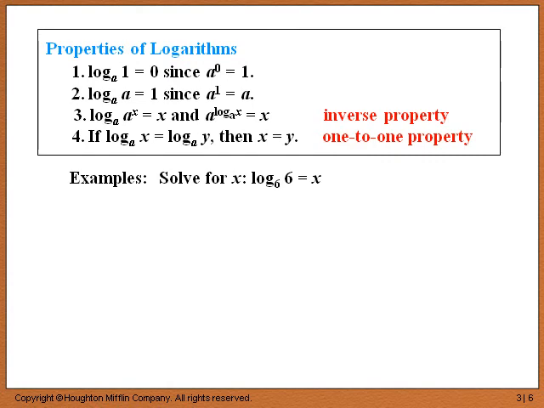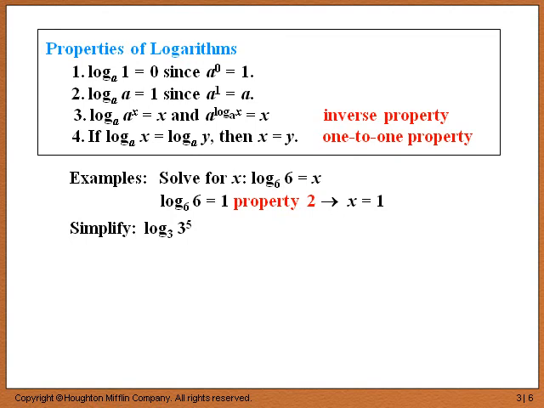So here are some examples to put these properties into action. Solve for x: log base 6 of 6 equals x. Well, that's an easy one, right? That's definitely 1, because 6 raised to the 1 power is 6, and we use property number 2 for that.